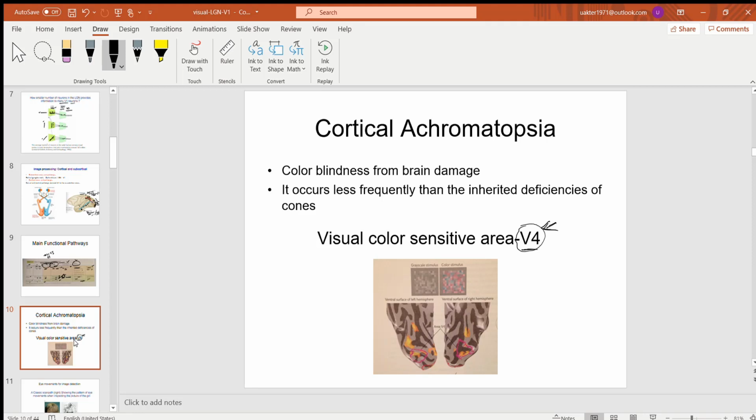However, this can also happen and you will have deficiency in color vision. Color blindness from brain damage occurs less frequently than inherited deficiency of cones. This is called cortical achromatopsia. A means absent. Achromatopsia.